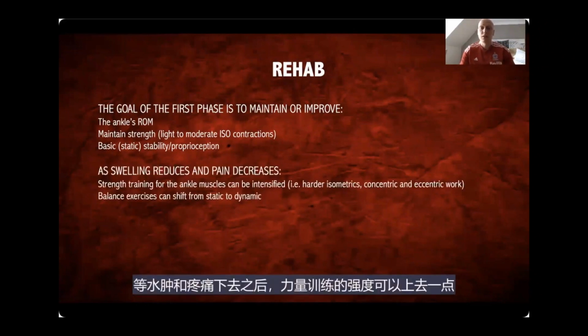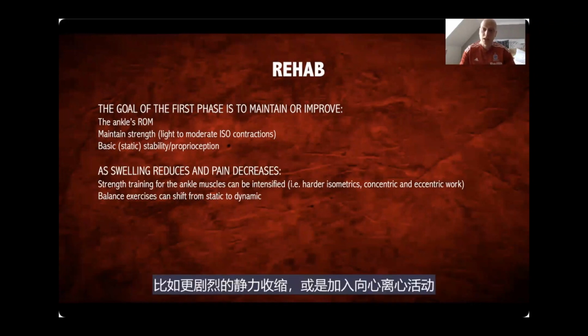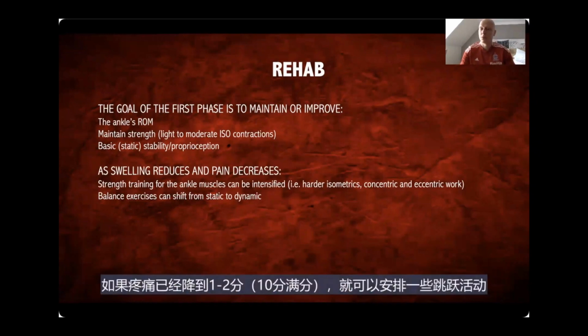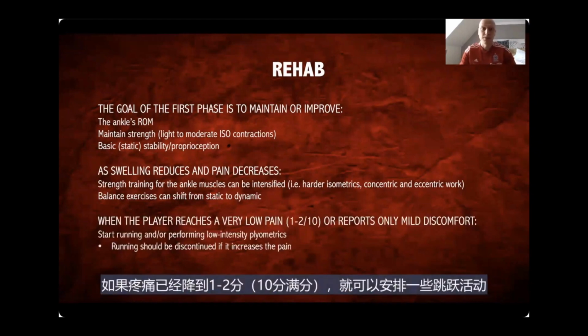Now, when the swelling reduces and the pain goes down, strength training of the muscles can be more intense. We are talking here about harder isometric work and, of course, concentric and eccentric work. And balance exercises can move from static environment to a more dynamic environment where we use those jumps, bounds, and hops.